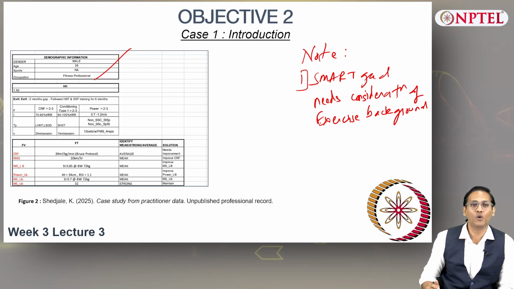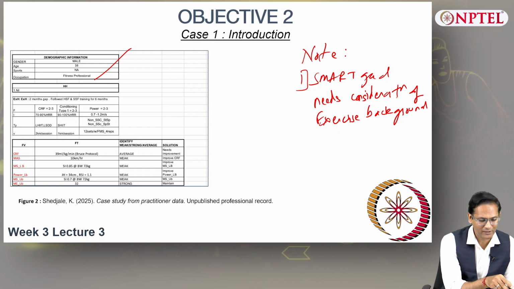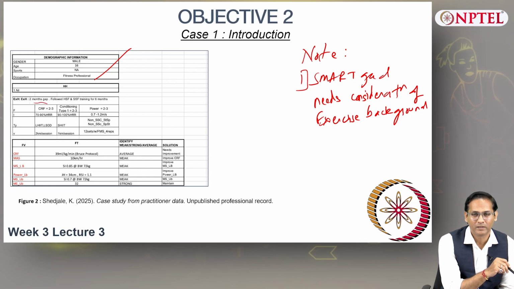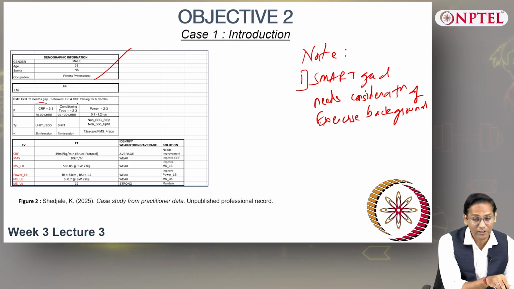So going ahead, now consider the exercise background. This exerciser, there is a 2 months of gap, and before that he was following a health specific and sport specific training for 6 months.